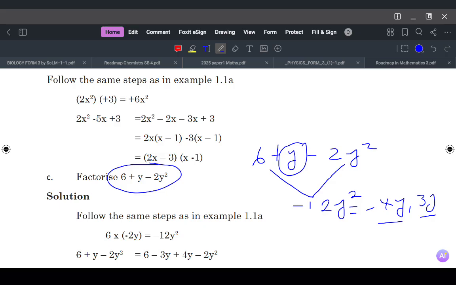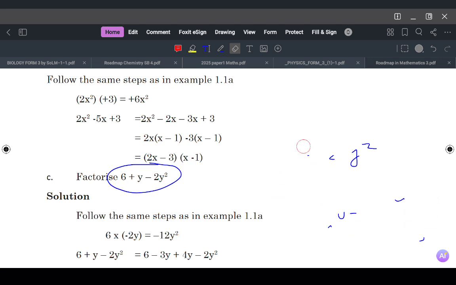But when you add them up, let's take 4y as positive, and then let's put negative there. So when you add them up, you have 4y minus 3y, which is equal to y. So we rewrite our expression in terms of these two terms.